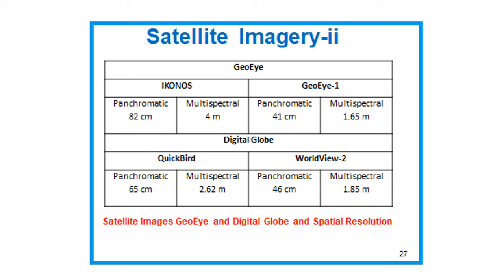So IKONOS and GeoEye, QuickBird and WorldView. These have panchromatic also and multispectral also.